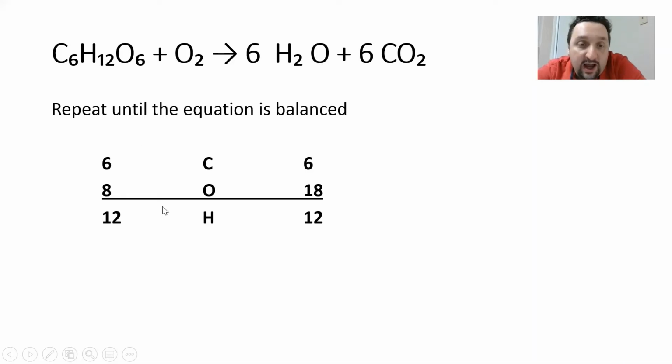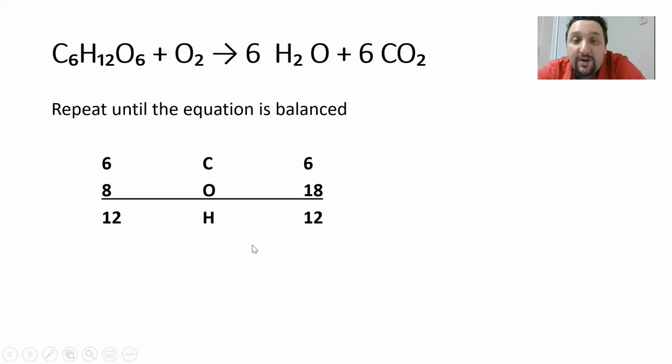So I had 12 hydrogens on the left. How am I going to get H2 to 12? I'm going to multiply it by 6. 6 H2, so 12 hydrogens and 6 oxygens. Don't forget the other 12, so I have 18 oxygens now. All right, I've balanced the carbons and I've balanced the hydrogens.